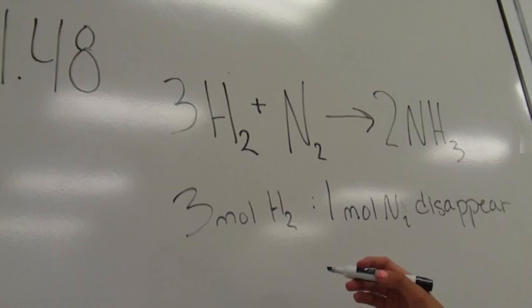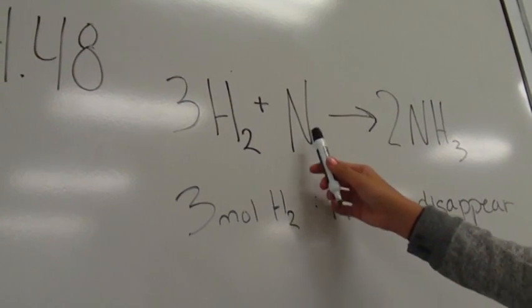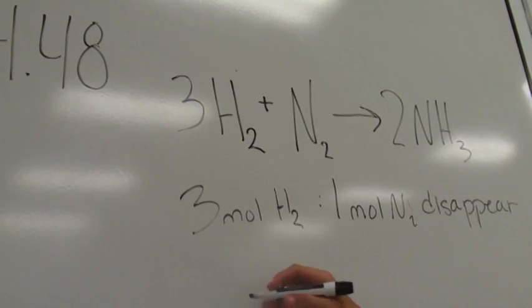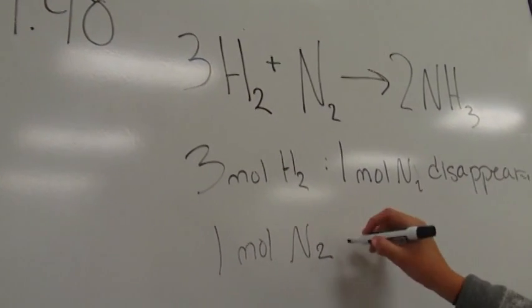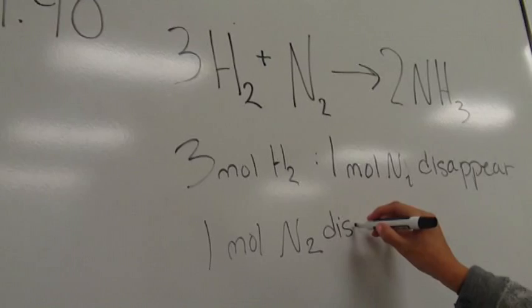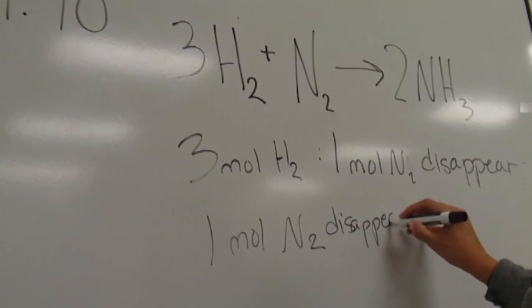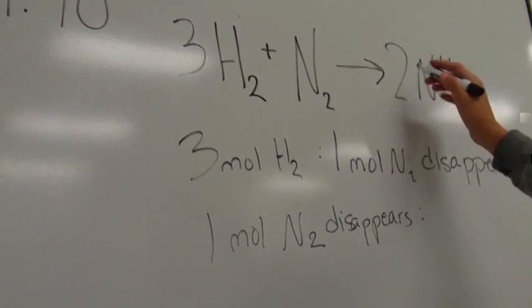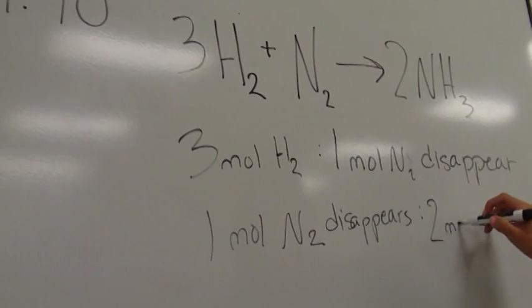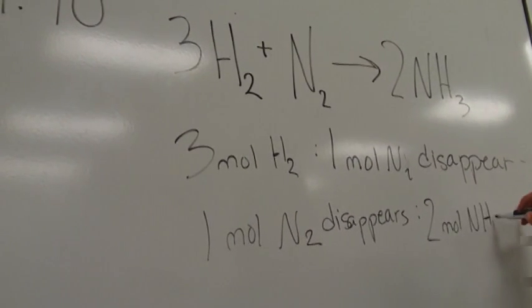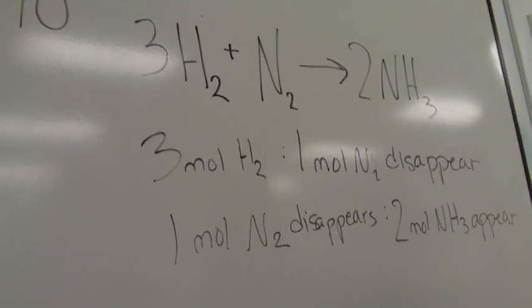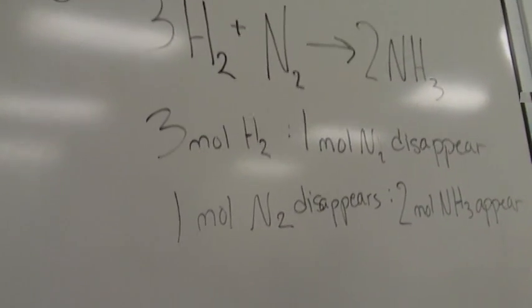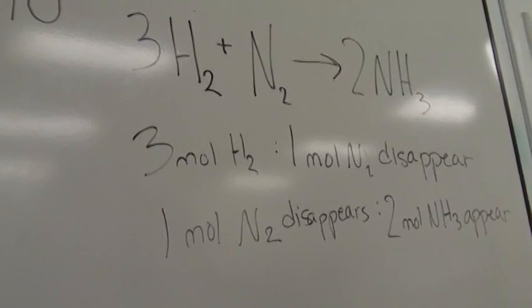And then it also asks for the ratio of nitrogen to ammonia. So for every 1 mole of nitrogen that disappears, you get 2 moles of ammonia appearing in the reaction. So it's just asking for those ratios. You can pull them right out of the balanced equation.